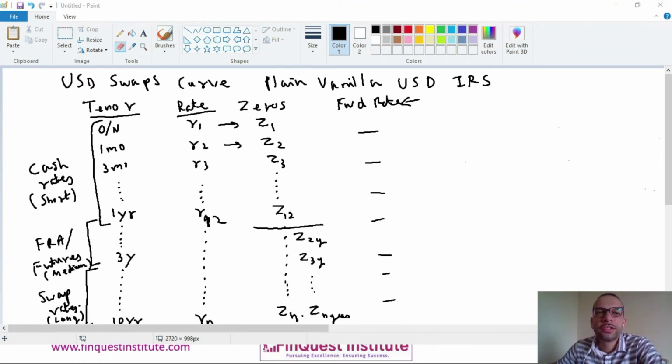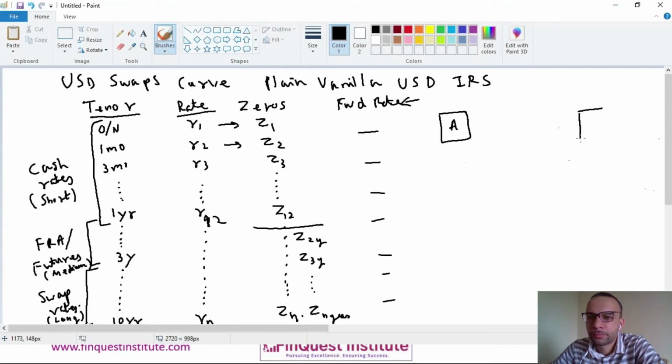Now we'll try to use this curve in pricing of our plain vanilla interest rate swap. So let's say we have a contract between two parties A and B. And let's say A is a fixed rate payer at say 5% and B is paying LIBOR.